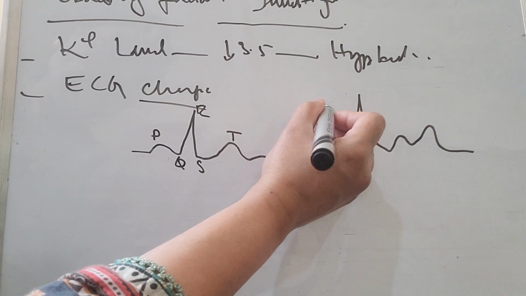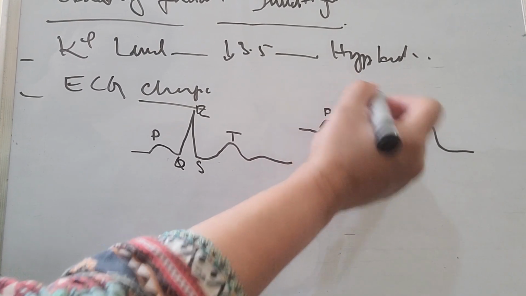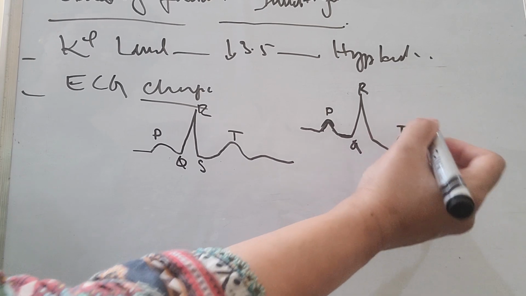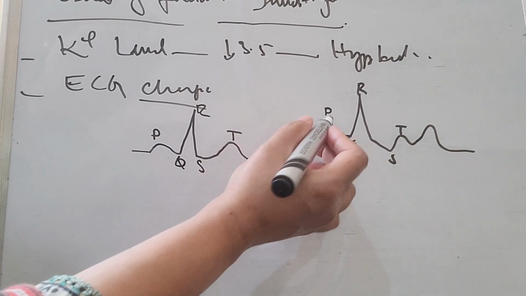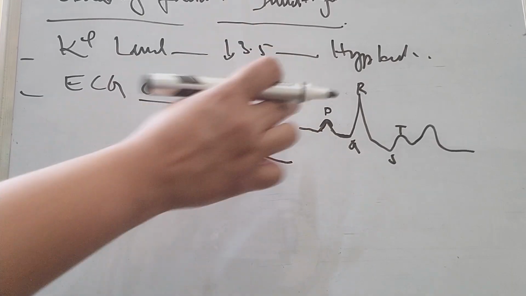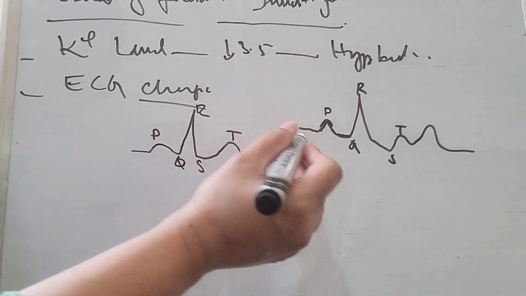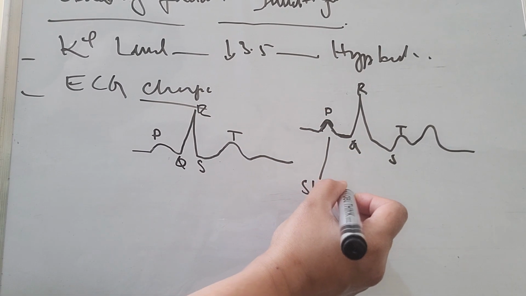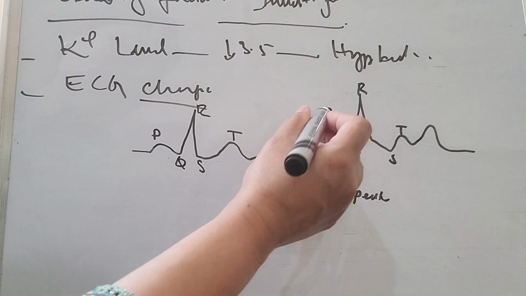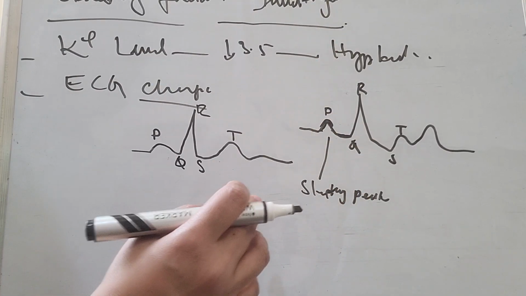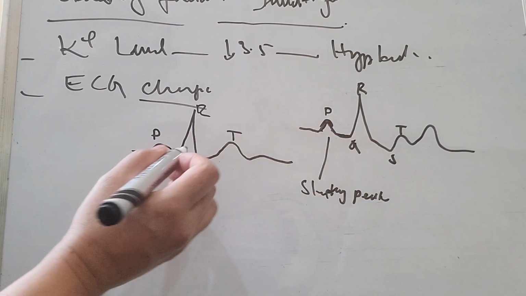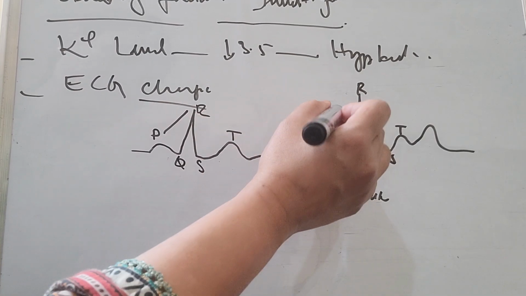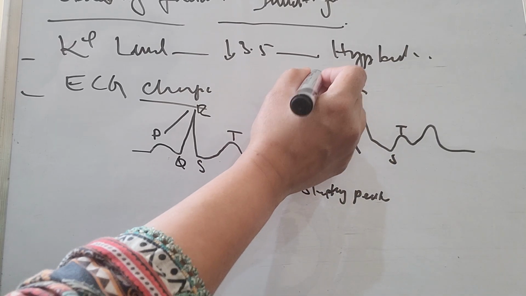This is P, Q, R, S, T. So if we see the hypokalemia ECG picture, there is a slightly peaked P wave, and the PR interval is slightly prolonged compared to the normal PR interval.